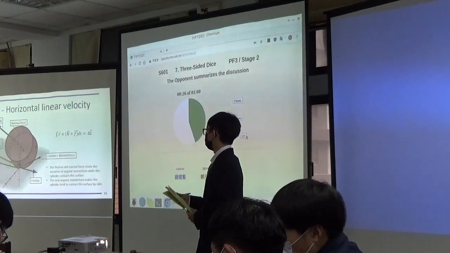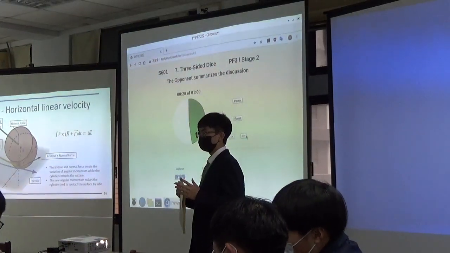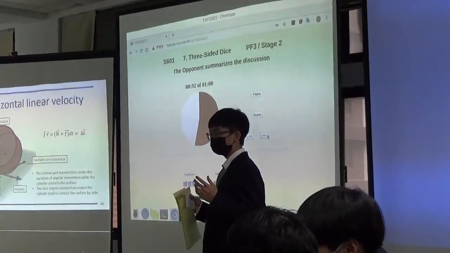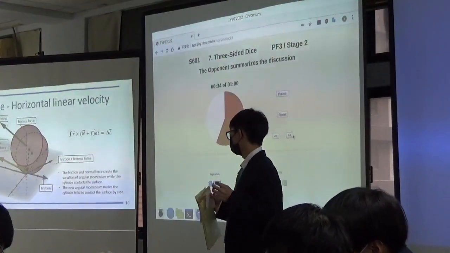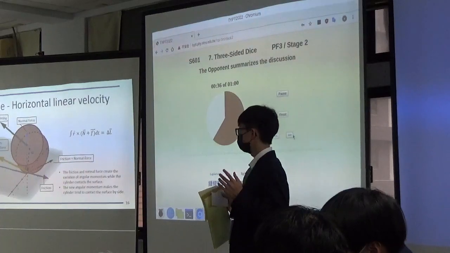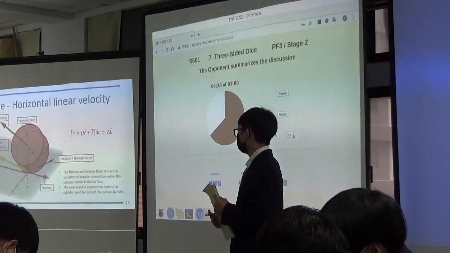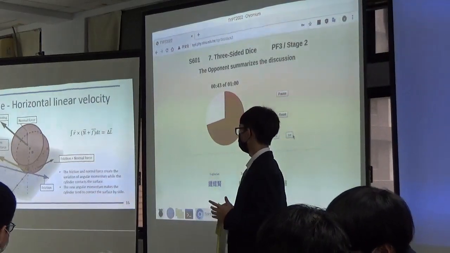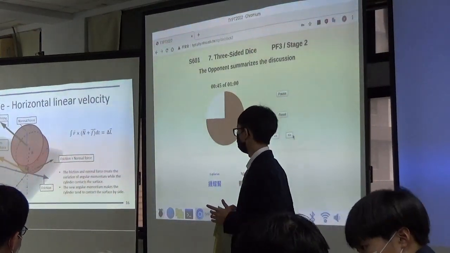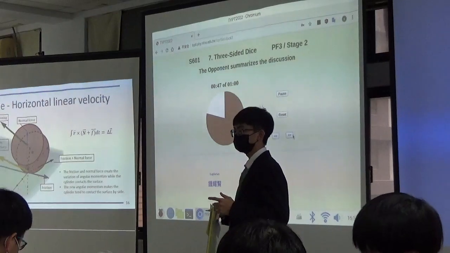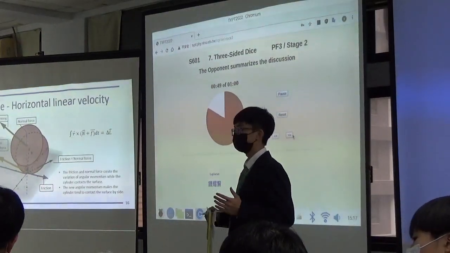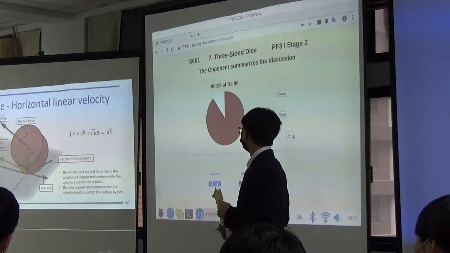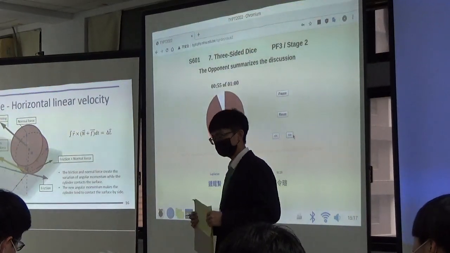I think some of the experiments can be made more accurate to increase the accuracy. Of course, the reporter has a ball theory, but I think there's a lack of relationship between the theory and the experiment. I think that's all my summary. Thank you.